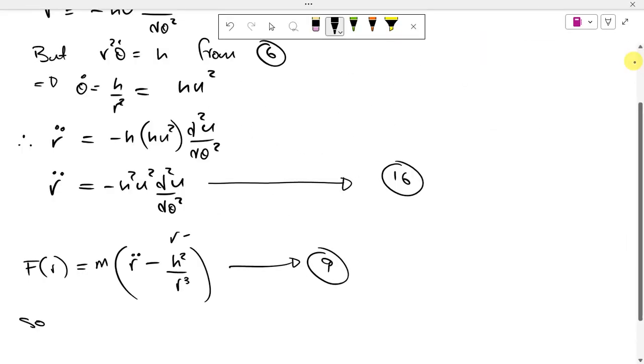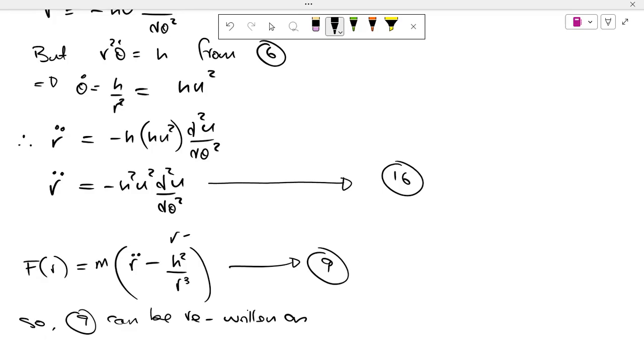So 16 can be, so actually equation 9. So equation 9 can be rewritten as, right, let's just make a bit more space over here.